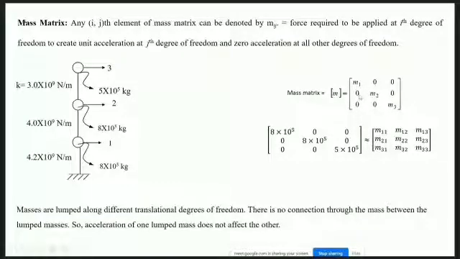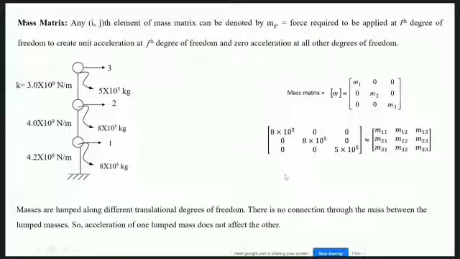Rather, they would have been non-zero. But of course, the values would have been much less as compared to the diagonal elements, and therefore it is a good approximation which is practiced very widely.